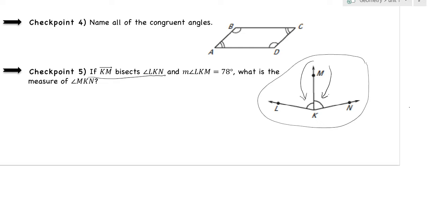We can look at the diagram and say, well, from our diagram we know angle LKM is congruent to angle MKN because those are the two angles marked with the swoops. If two angles are congruent, then they have the same measure. This was given in the diagram.